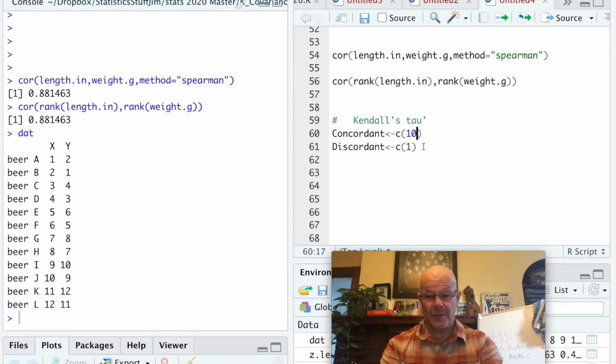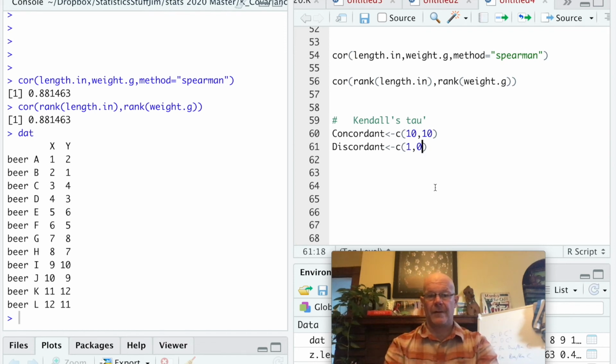So for the second one, it's going to get 10. Now we look at the number of discordant ones below there, and there are 0. There are no values all the way down below this row that are discordant. They're all higher than that value.